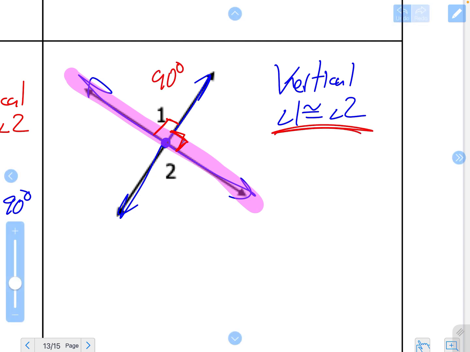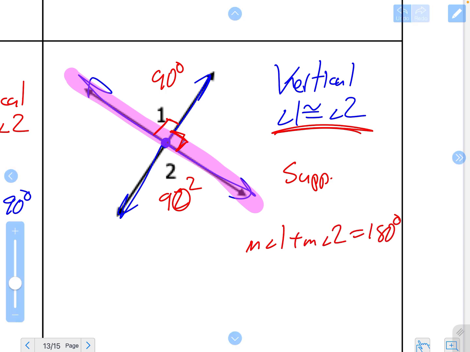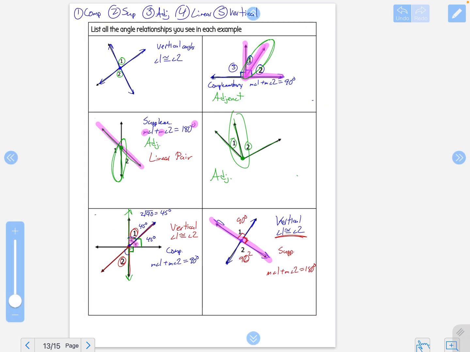And because we've already said that 1 is congruent to 2, we know that 2 is 90 degrees. So these are supplementary angles, and the measure of angle 1 plus the measure of angle 2 equals 180 degrees. And that is an introduction to angle relationships.